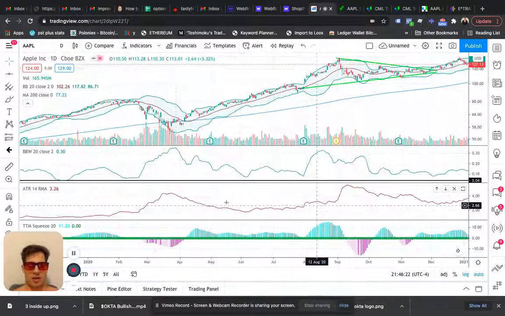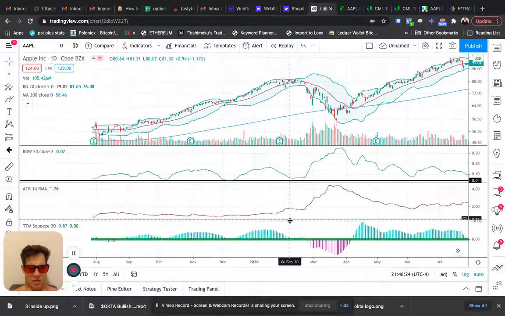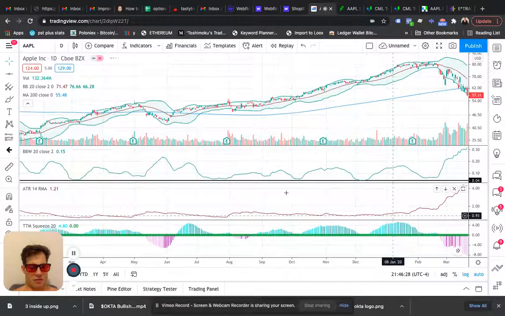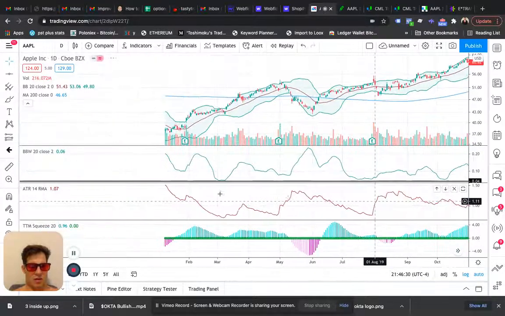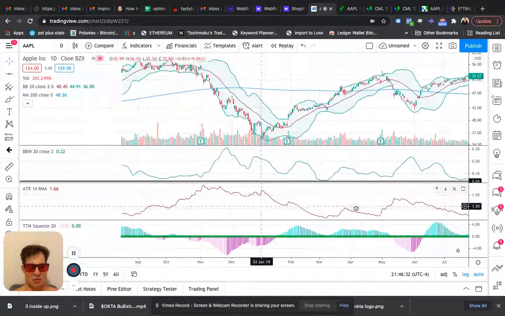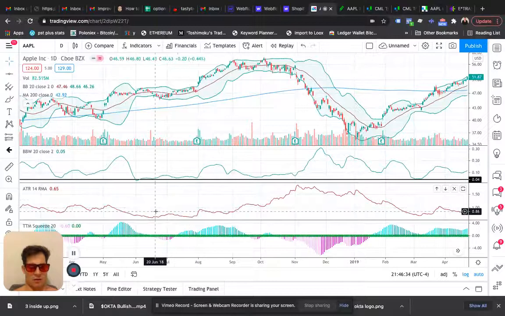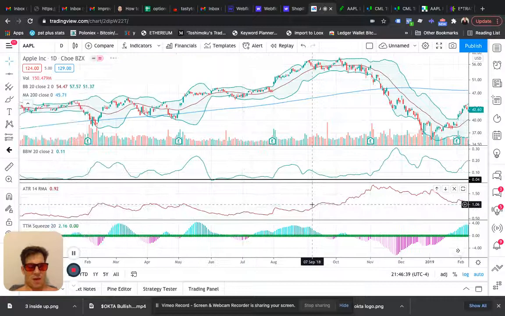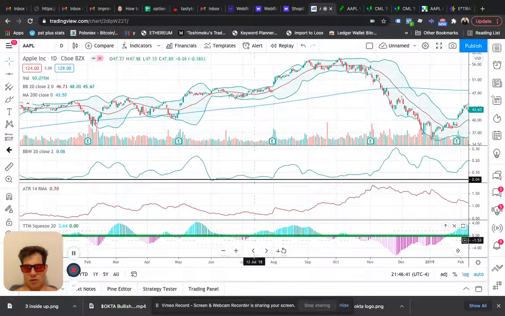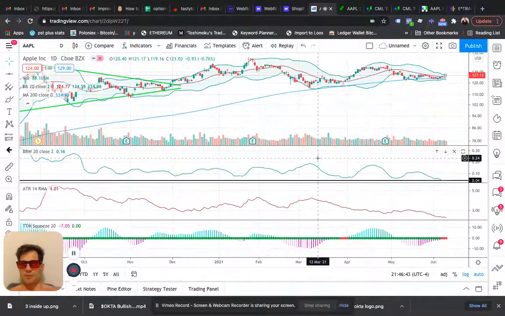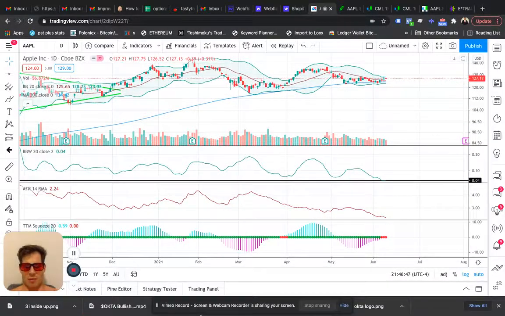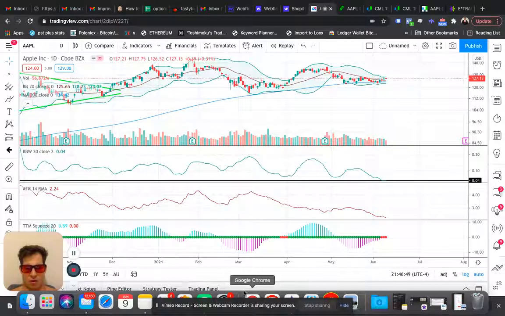We didn't really have many squeezes going back in time. Wow, this is crazy. No squeezes in Apple going back 3 years. That just shows you that I think we're due for a big pop.